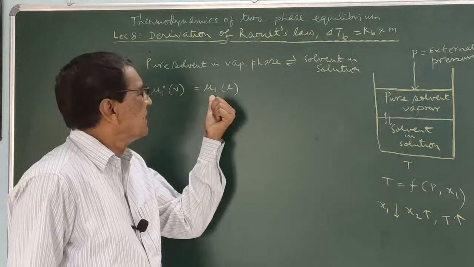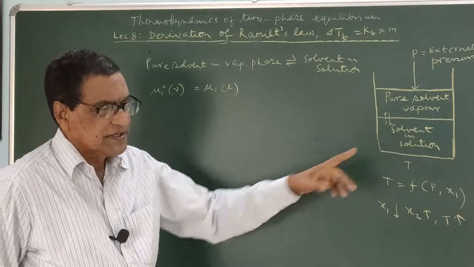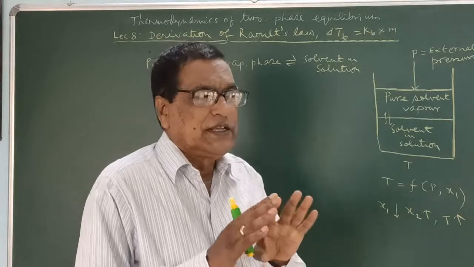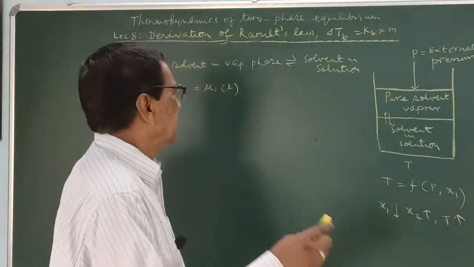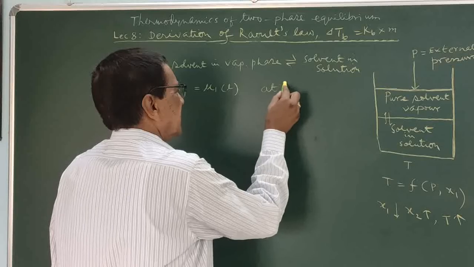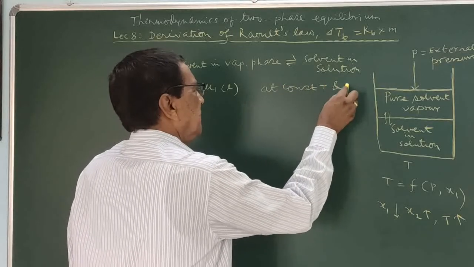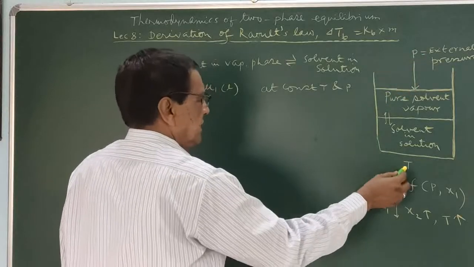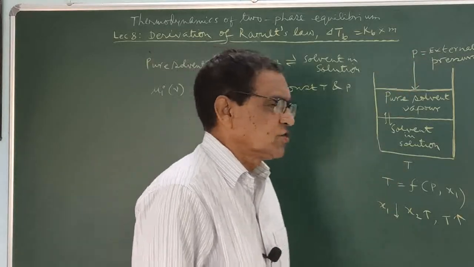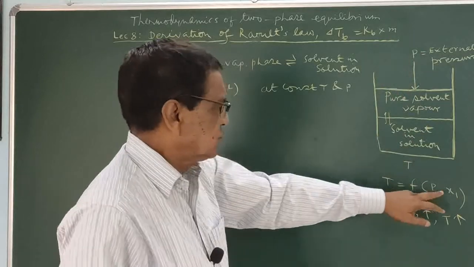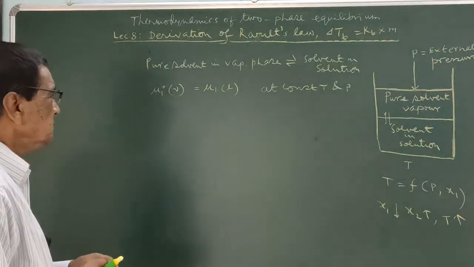But the solvent in liquid phase remains in a mixture, so superscript 0 is omitted, and it is at a constant T and P. P is the external pressure, T is the boiling point of this solution under this external pressure P, and this x1 is also fixed.